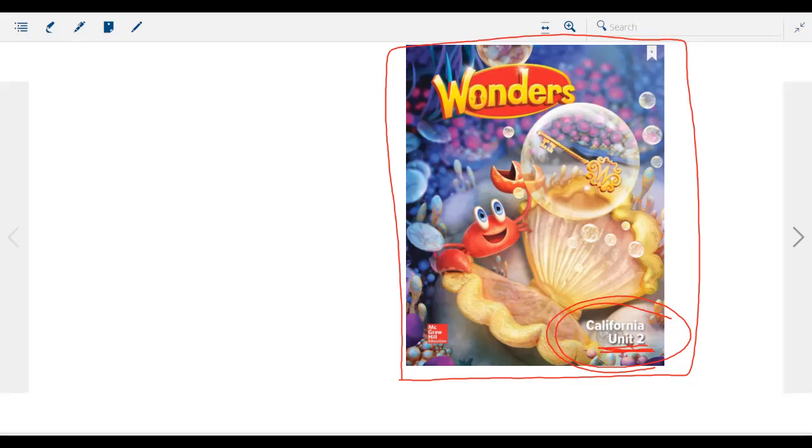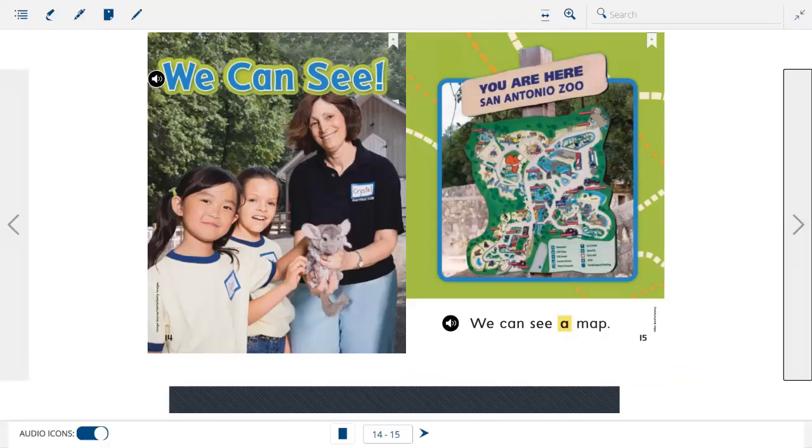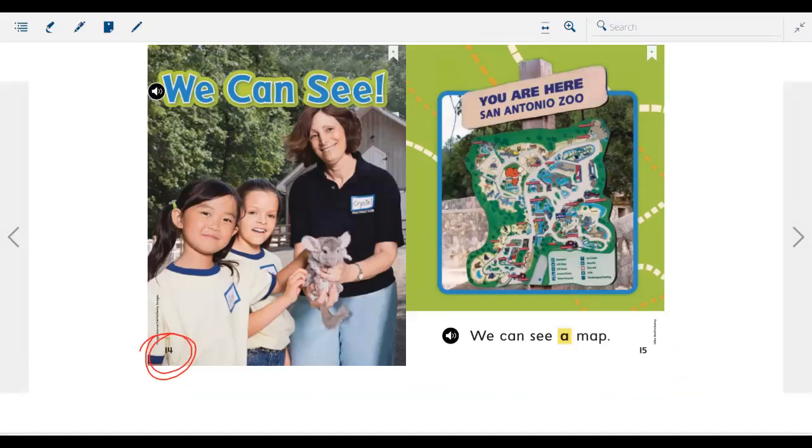So we are going to read a story and it is called We Can See. So I want you to open this up to page 14. We are on page 14.